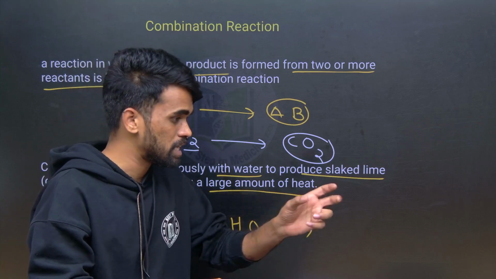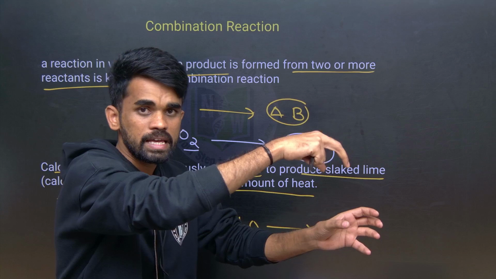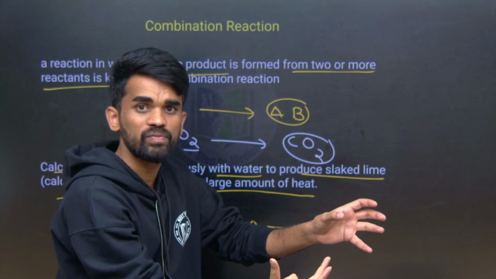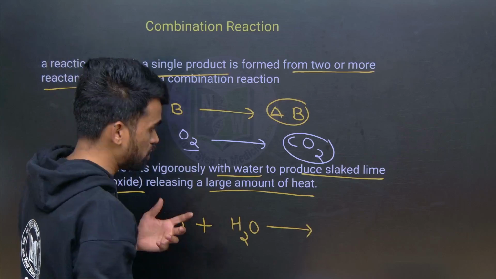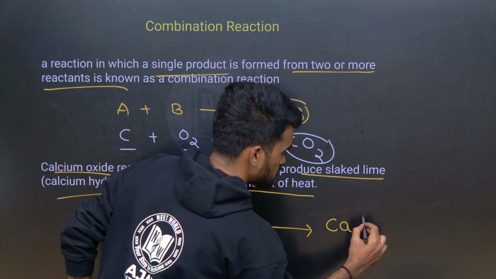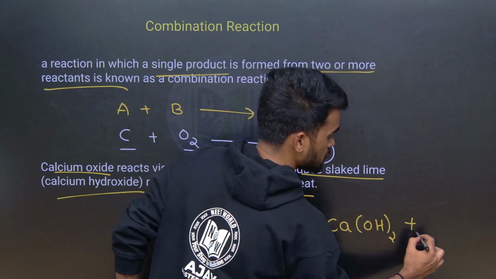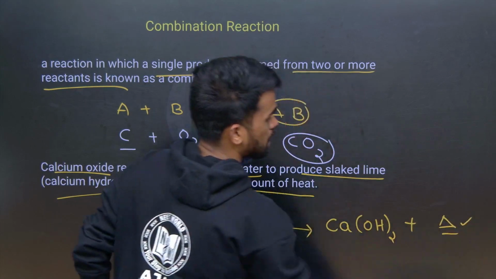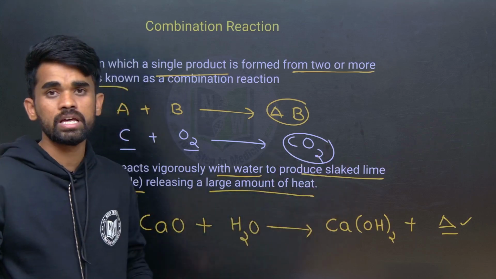If we touch the container in which calcium oxide is kept in water, we feel it very hot, because the reaction produces heat. Ca(OH)2 is formed, and along with this heat is released, which I indicate with the symbol delta. It represents that heat is released during the process.